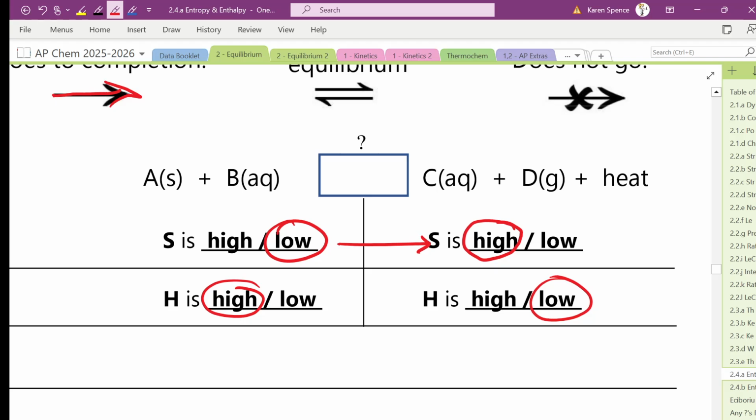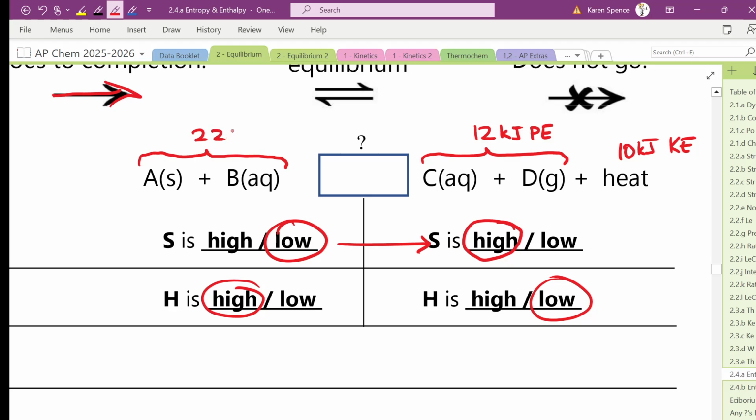Why? Does that make sense? We've taken 10 kilojoules of potential energy in the reverse reaction, and we've turned it into 10 kilojoules of potential energy.